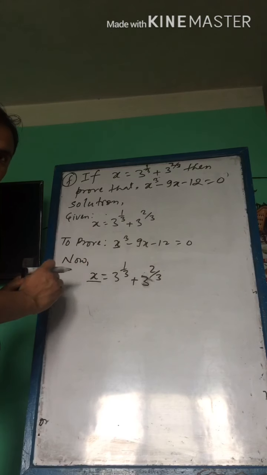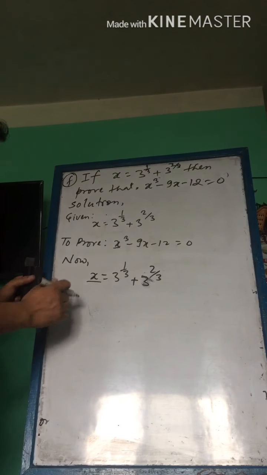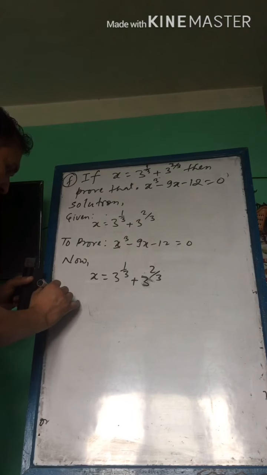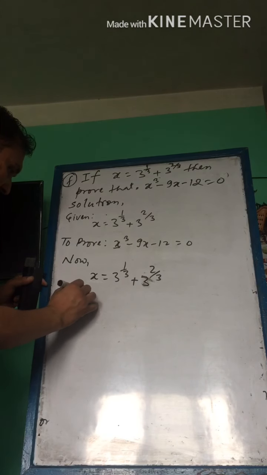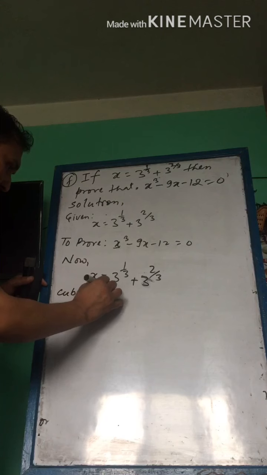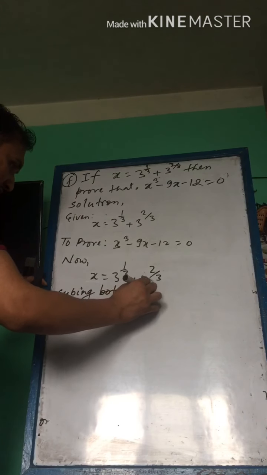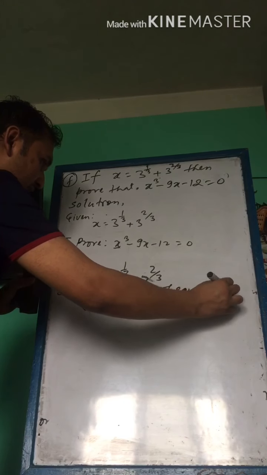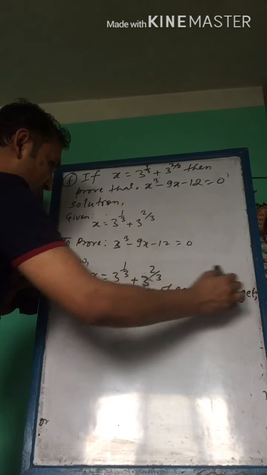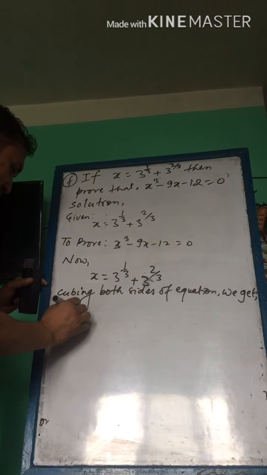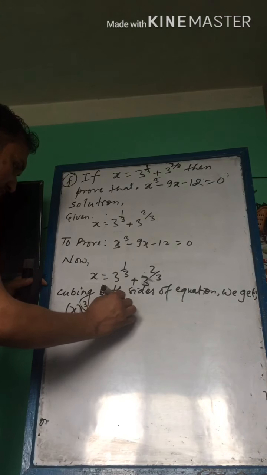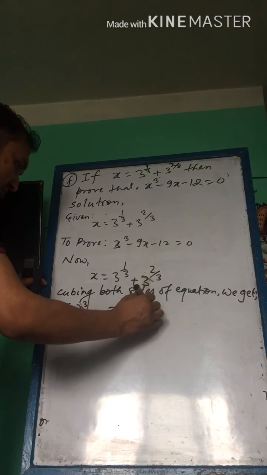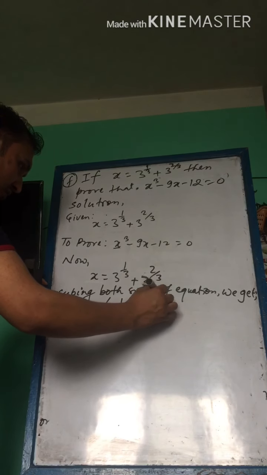That is a rule of equation, no? So in the first step, cubing both sides of the equation, we get x whole cube equals (3 to the power 1 upon 3 plus 3 to the power 2 upon 3) whole to the power cube.